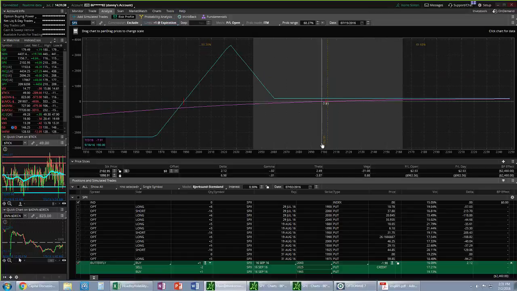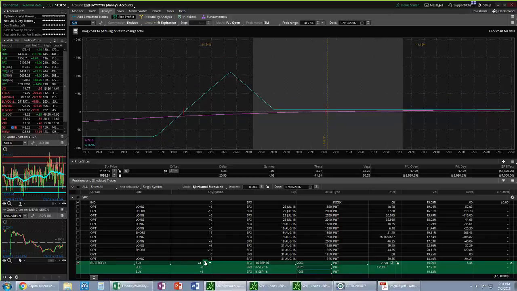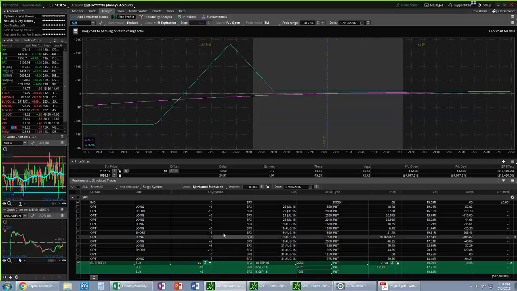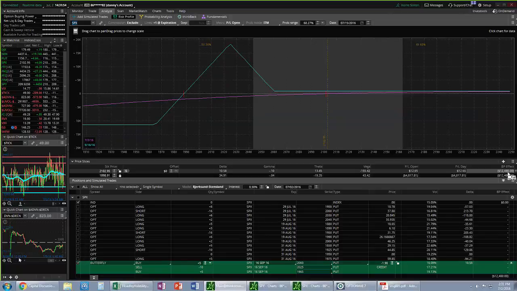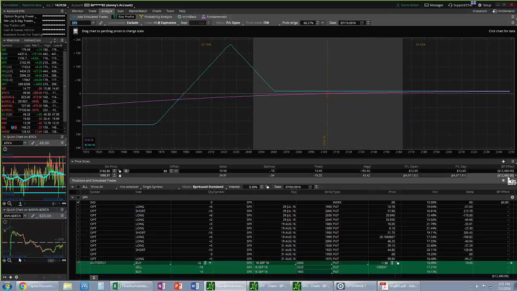And so we're selling this for a credit. Now, this doesn't look so good here from a downside risk point of view, but let's go ahead and pump this up to our working margin, which you can see here is 12,480. But we have to do something to manage this risk.